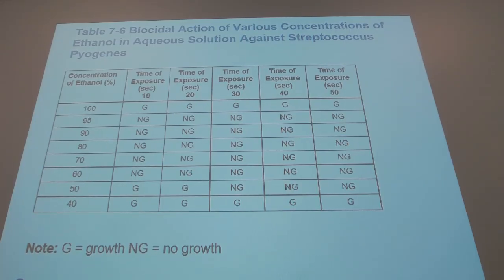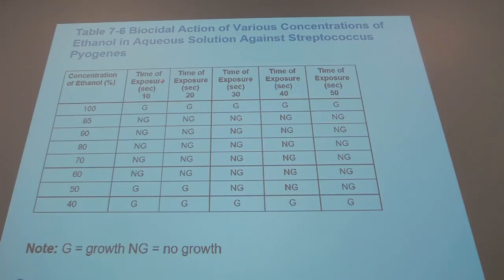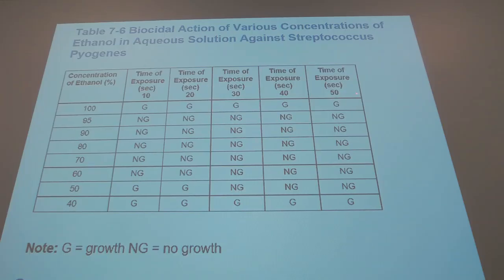So this table is showing you the different concentrations of ethanol and the efficacy against Strep pyogenes, the bacteria that causes strep throat. And this concentration is tested at different times of exposure in seconds, 10 up to 50. If you look at the legend, G means growth and NG means no growth. So the bacteria either grew or didn't grow.